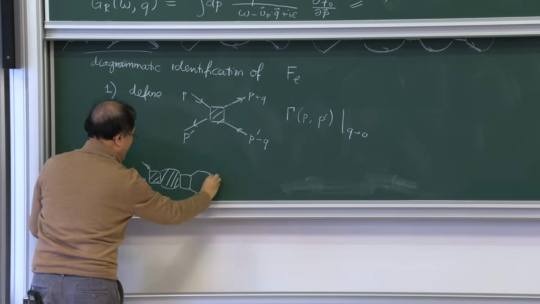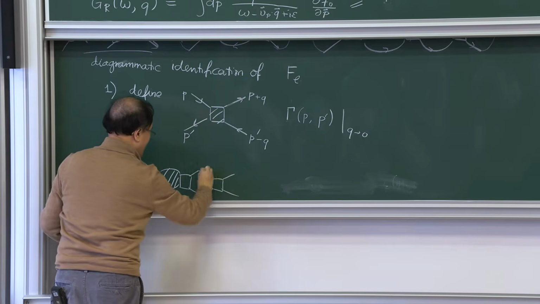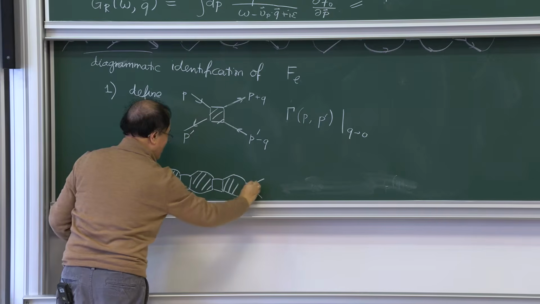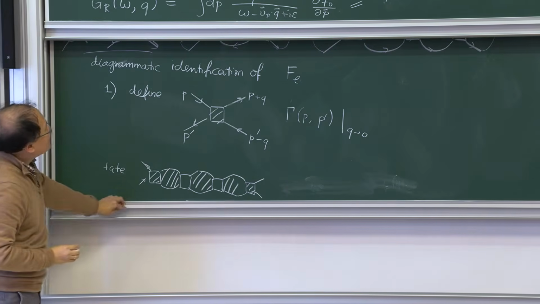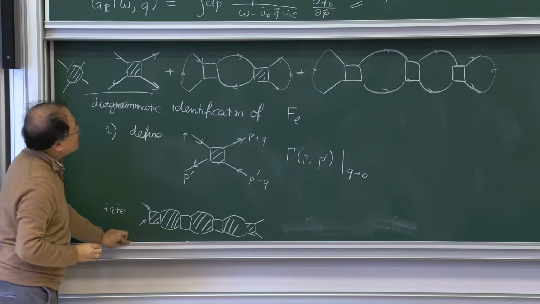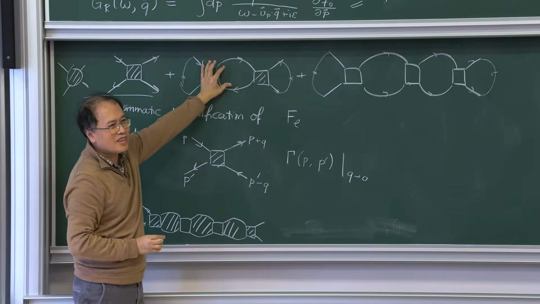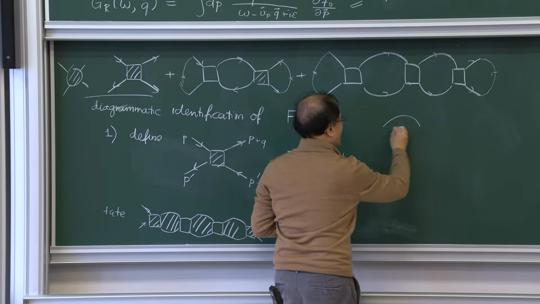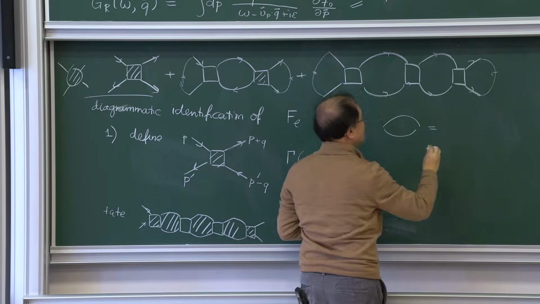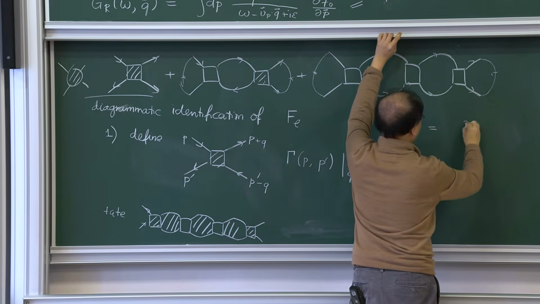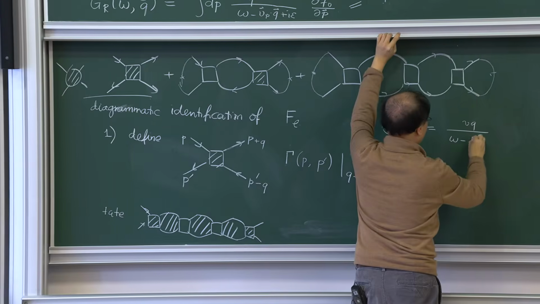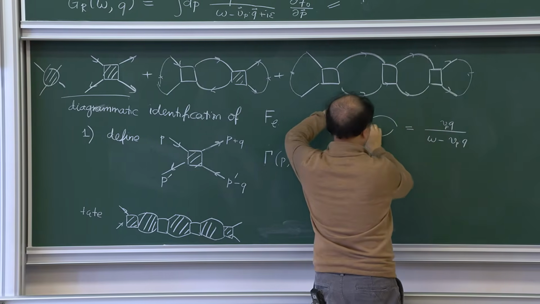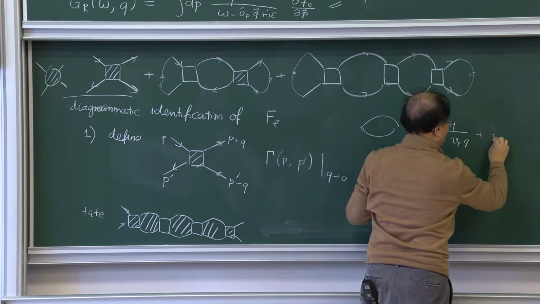Sorry, I'm going through this in a way that may not be very coherent. We compute this loop diagram and select out the singular part. This loop diagram can be shown to be equal to some kind of vQ divided by omega minus v_p dot Q, where p is the external momentum, plus some regular part.